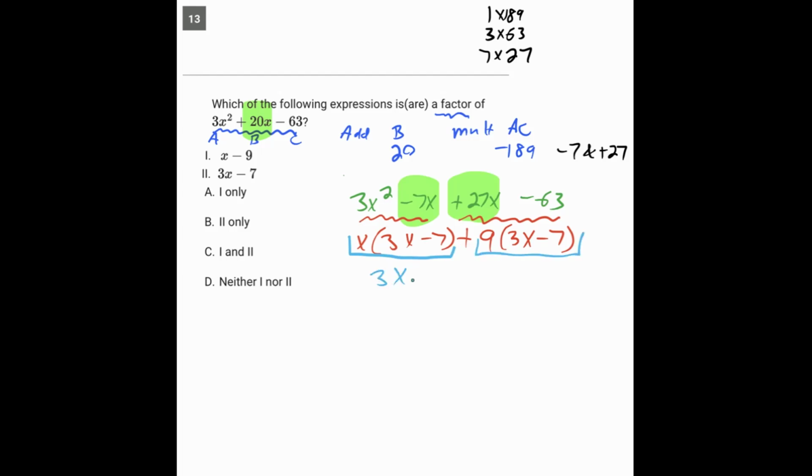If we factor out the 3x minus 7, what remains is x plus 9. So there was a factor of 3x minus 7, but there was not a factor of x plus 9 in the given choices. The one they gave us was x minus 9. So it was almost the right answer for part number 1, but part number 2 was correct. That's why the answer here is B.